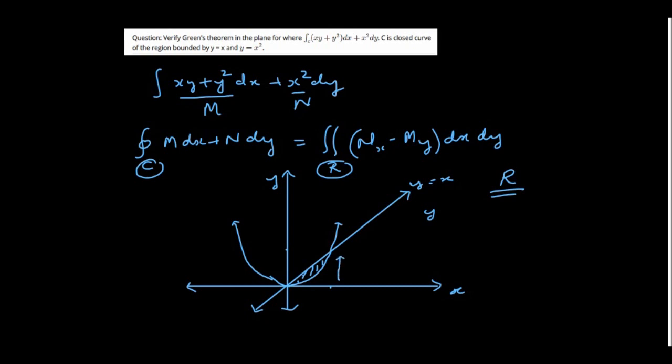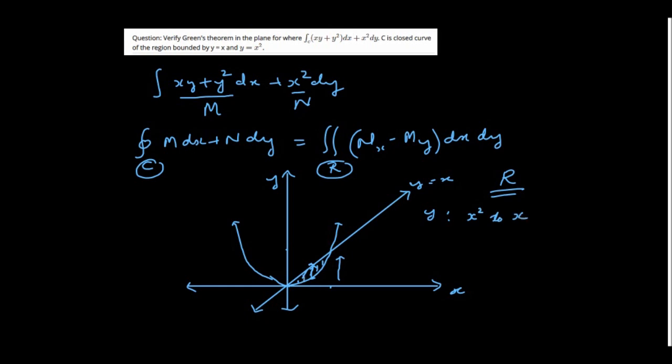So in this region, it starts from this curve, that is y equal to x square, and goes to the curve y equal to x. So your y limits start from x square and end at x.